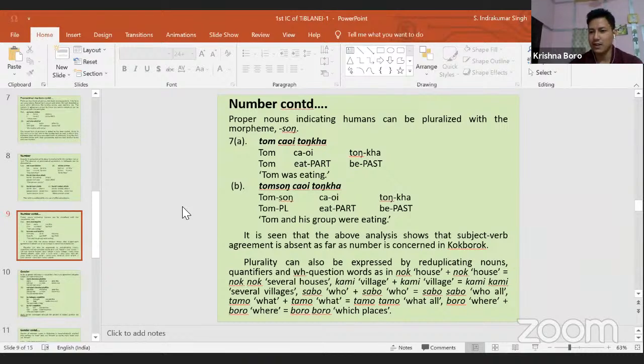Okay. If not, I have a small comment to make. It appears that you have emphasized again and again the absence of grammatical agreement, grammatical gender, and so on.